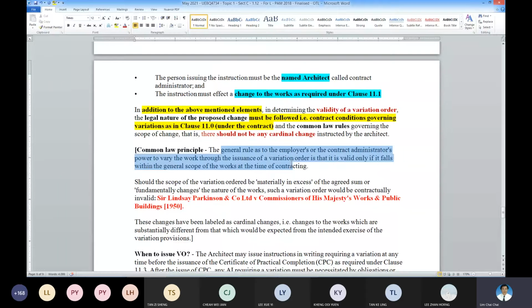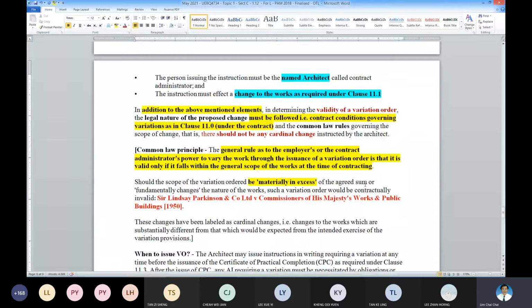If it is in compliance with your original scope of work, then this is a valid VO. So what is an invalid VO? This is one of them: material in excess of the agreed sum.